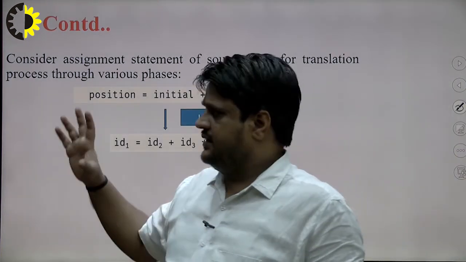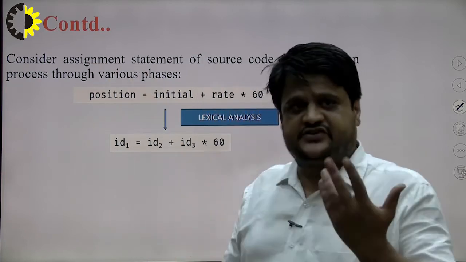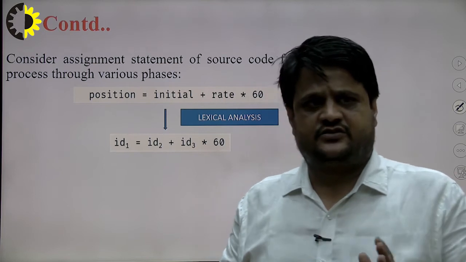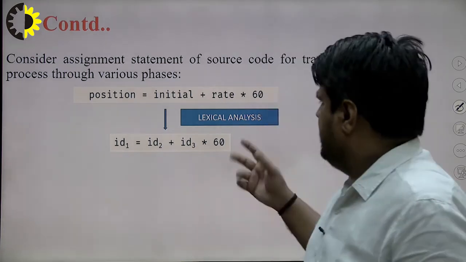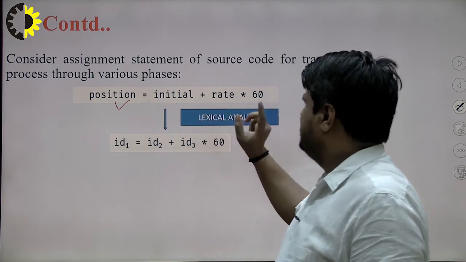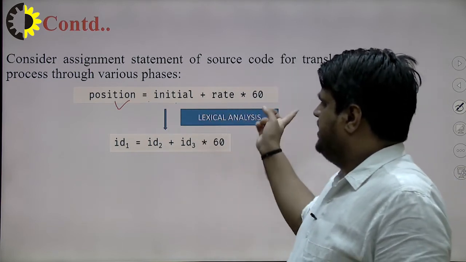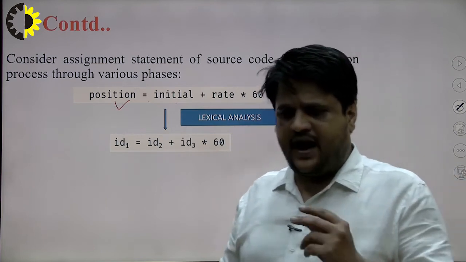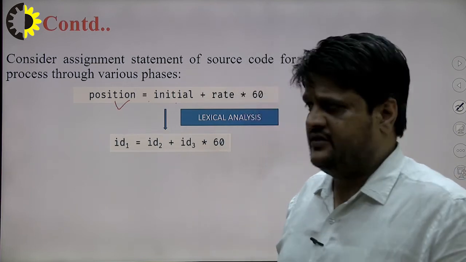Now let us consider an assignment statement of source code for the translation process through the various phases. The first one is position equals initial plus rate multiplied by 60. If this statement is passed through the lexical analysis phase, what is the output?